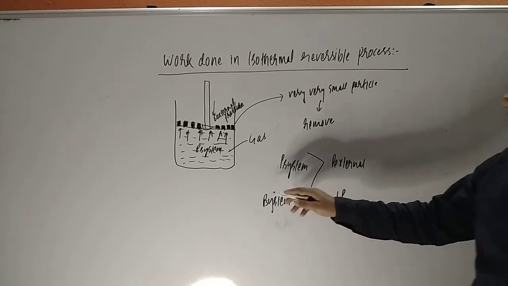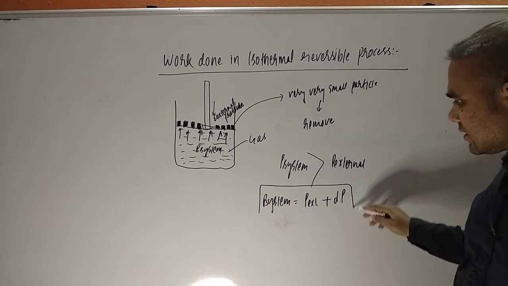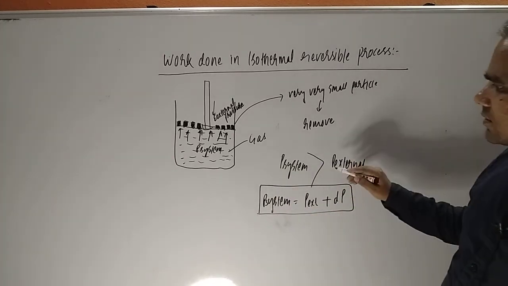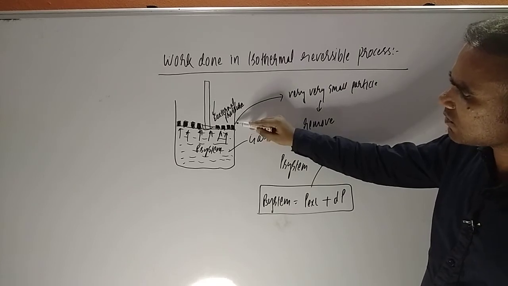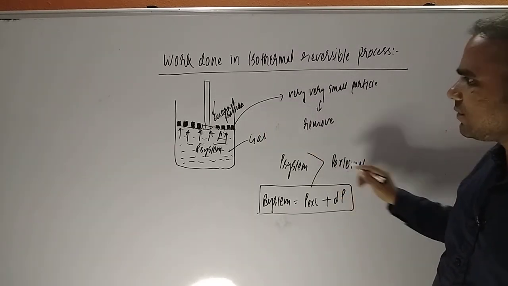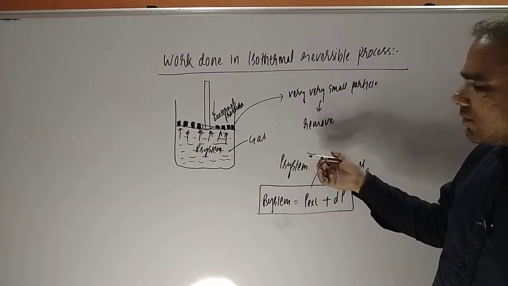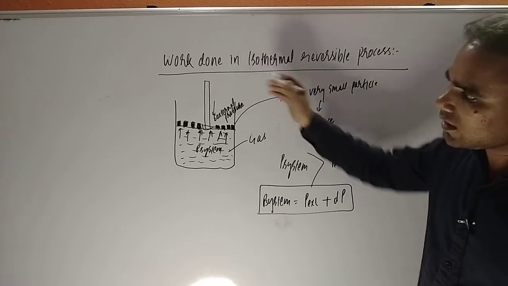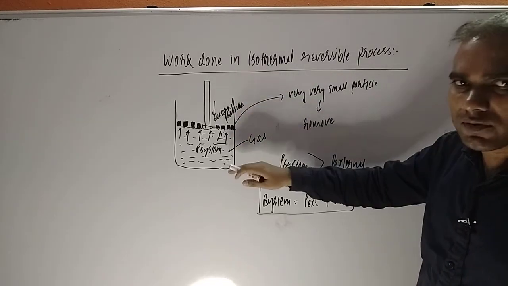This implies that this is a reversible system. It means if you remove a very small particle, the external pressure will decrease a little and the system pressure will be high, so the gas will expand very slowly. Again if you put that one back, the gas will get compressed.